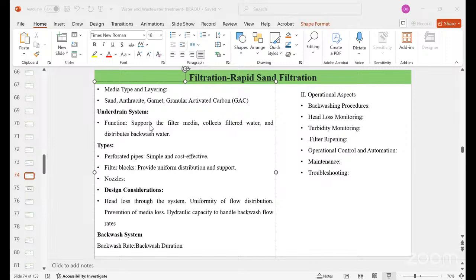In filtration the flow is from top to bottom, and for the backwashing process it is from bottom to top, where the water is backwashed in order to clean the media bed. That is how the drainage is collected, and the clear water is also collected here, and this is how rapid sand filtration occurs.